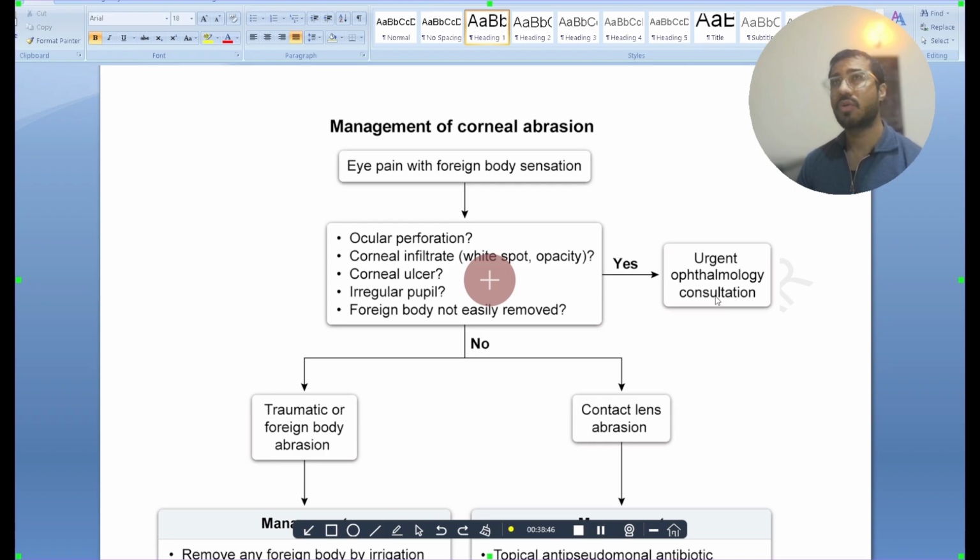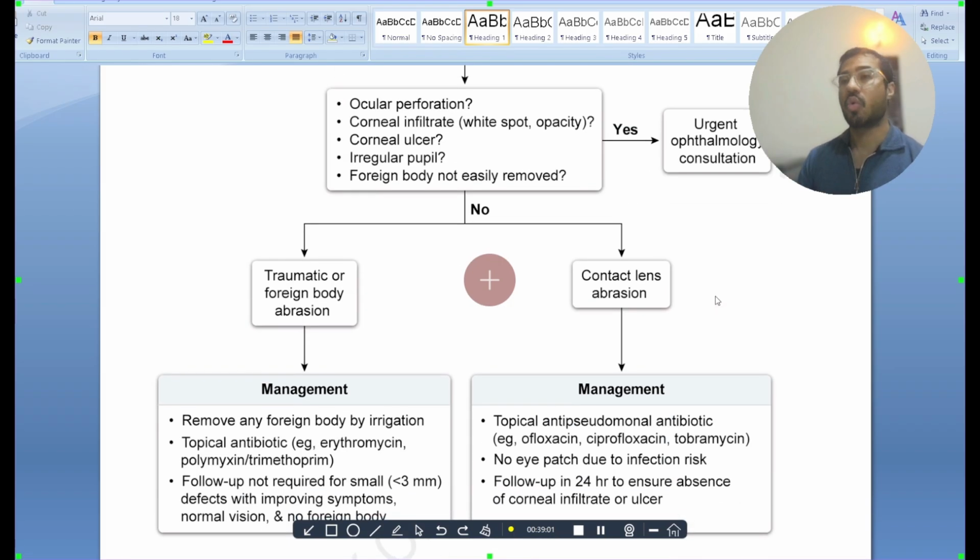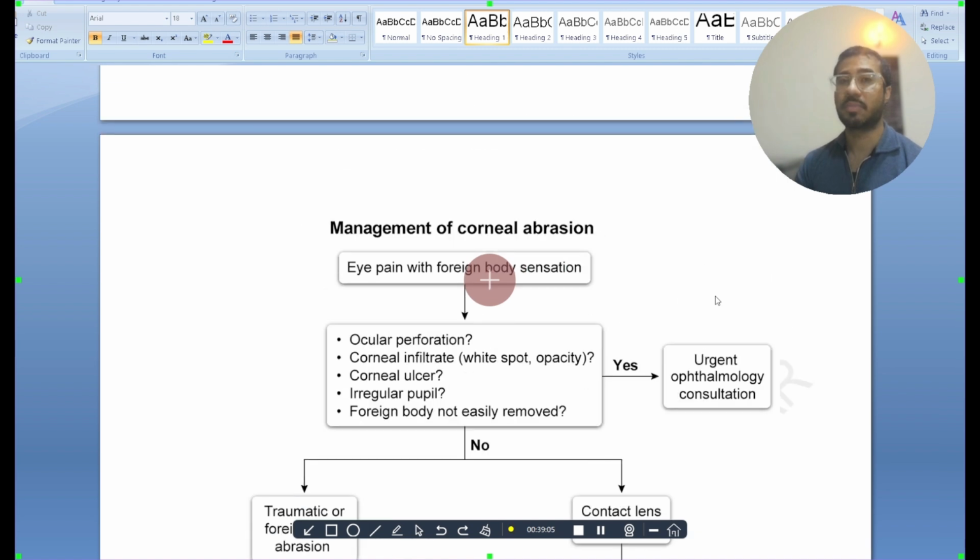You're gonna make sure that there is no foreign body in the eyes. You're gonna make sure that there is no ulcer, make sure it's not an open globe injury, and remove any foreign body if it is present. So now you're gonna try to find the reason behind the abrasion.